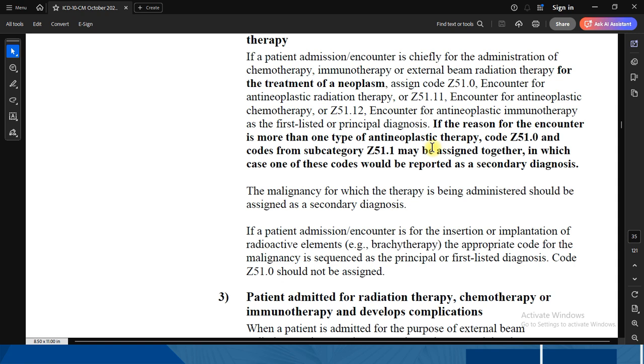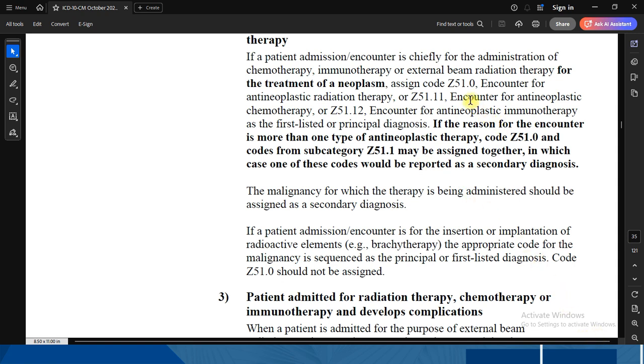For example, the patient came in for radiation therapy as well as chemotherapy. How do we code that scenario? Here we need to code both chemotherapy as well as radiation therapy. Among these two, you can take any one as the PDX and the next one as the secondary diagnosis.